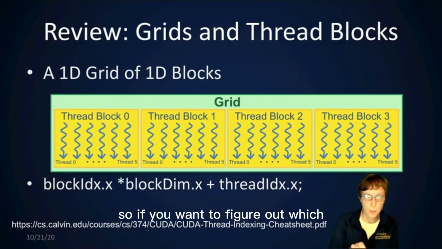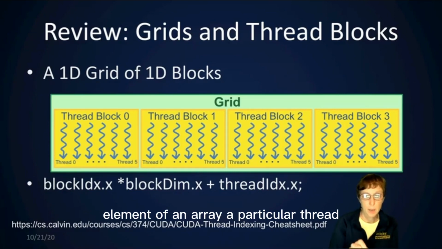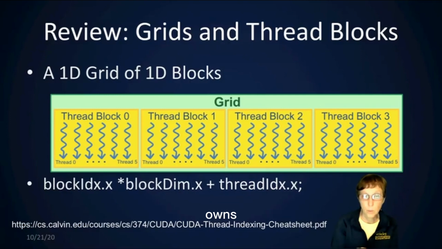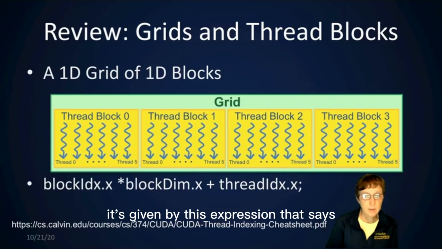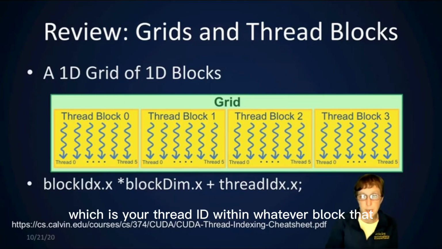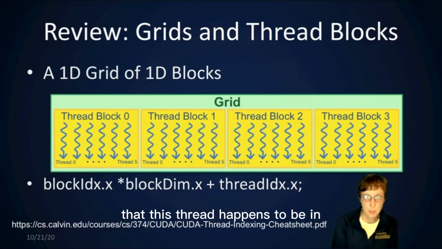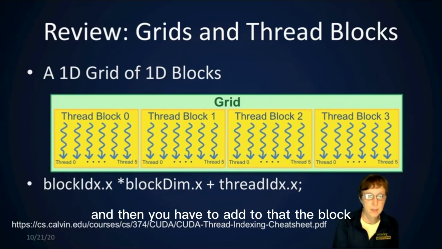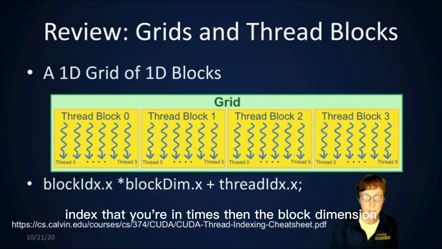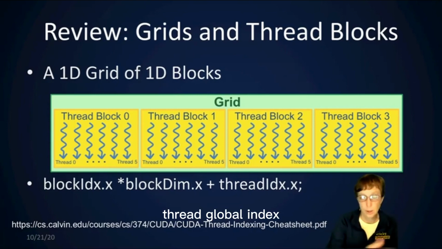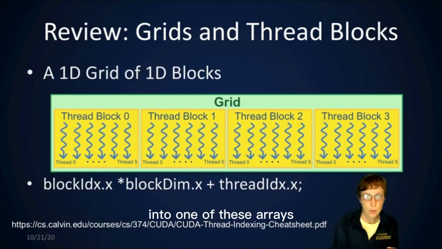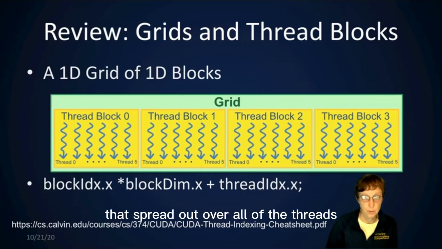If you want to figure out which element of an array a particular thread owns, as in has affinity with, it's given by this expression: it's your thread ID within whatever block this thread happens to be in, and then you add to that the block index that you're in times the block dimension. That'll give you a global index into one of these arrays that's spread out over all of the threads.